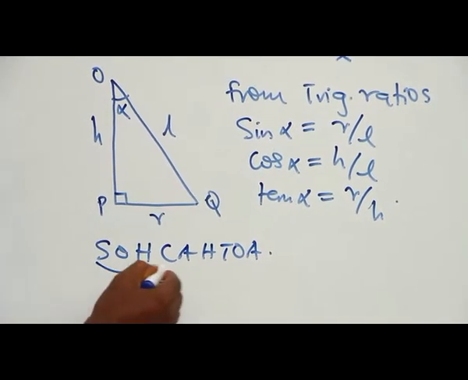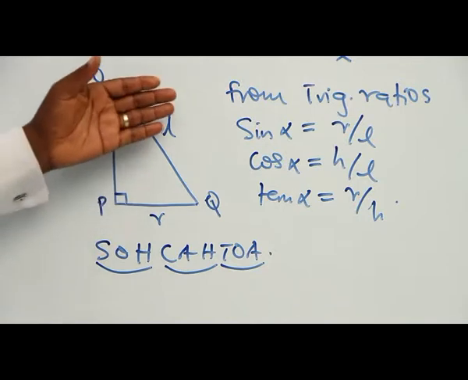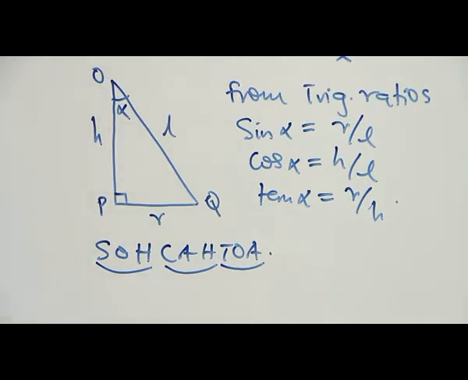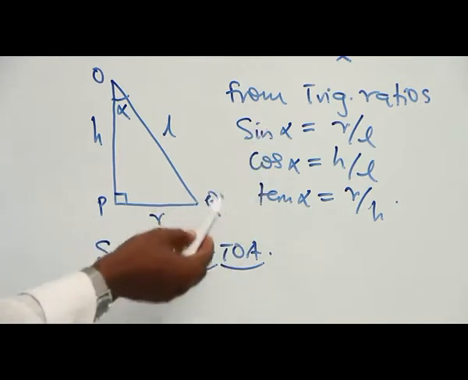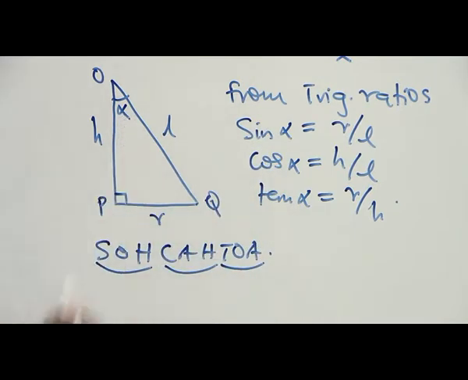We have SOH, CAH, and TOA, representing a mnemonic for the trig ratios in a right angled triangle, such as this one we have just displayed. This will enable you to calculate the value of the angle here. So when you multiply the value alpha times 2, it gives you the vertical angle.